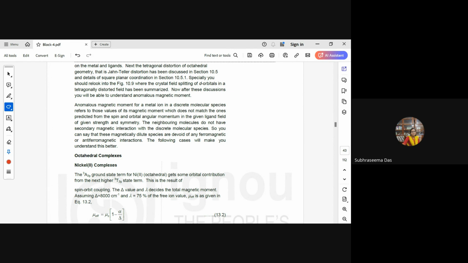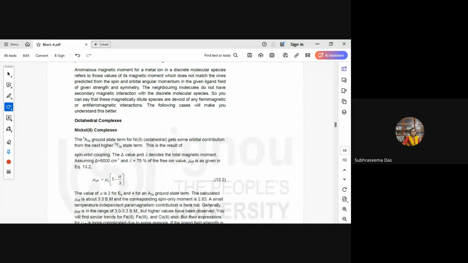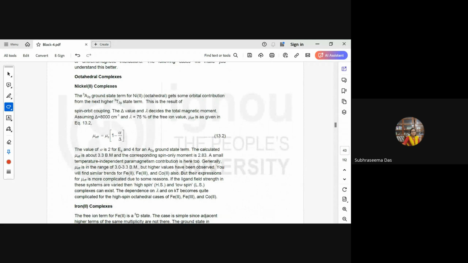The interactions with neighboring molecules contribute to this anomalous magnetic moment. Now, for octahedral complexes, an example is shown: the 3A2g octahedral ground state for nickel 2 plus gets some orbital contribution from this term, and this is the result of spin orbit coupling.